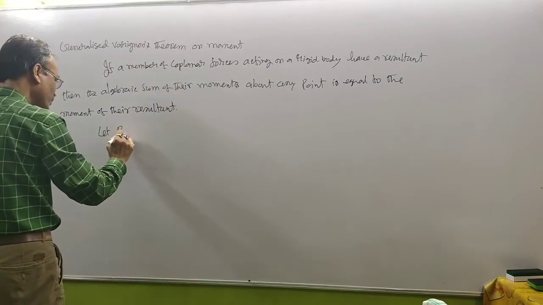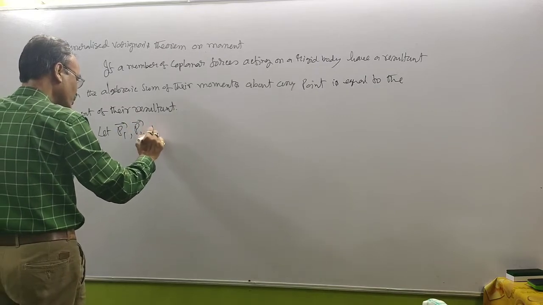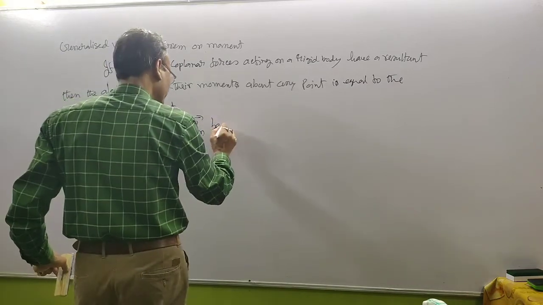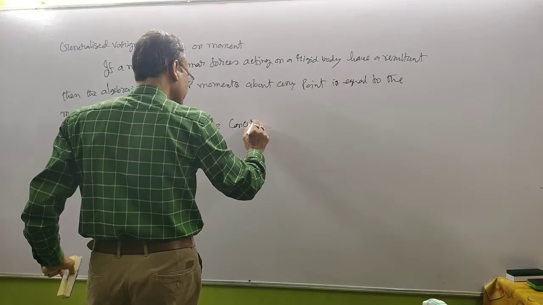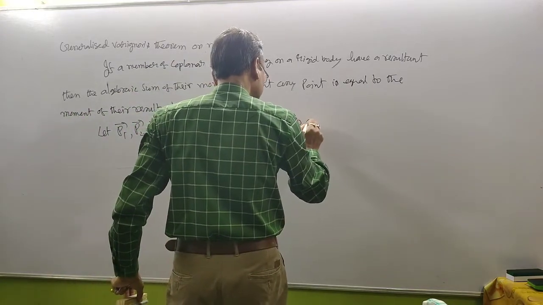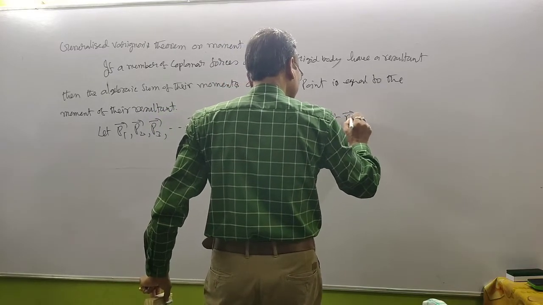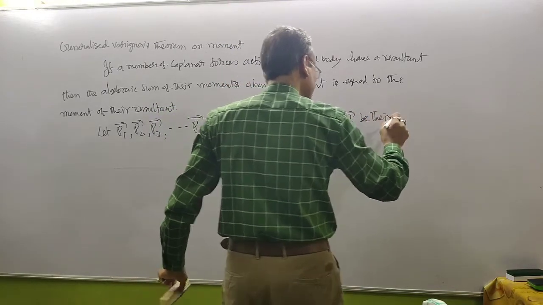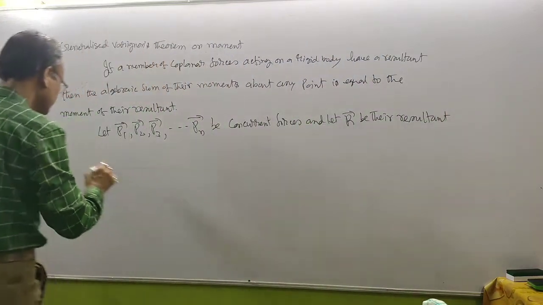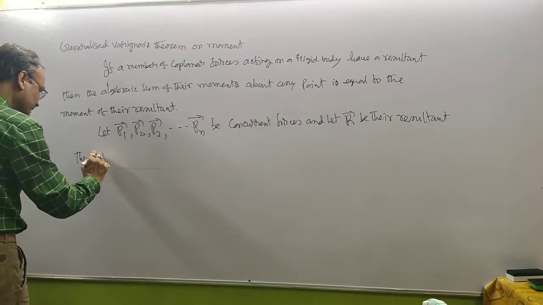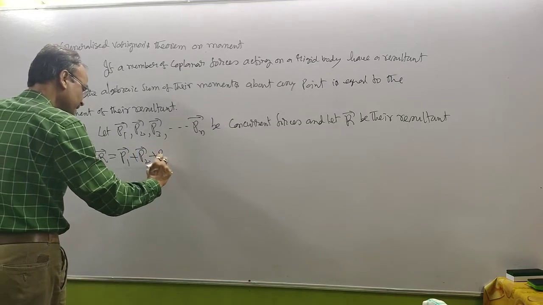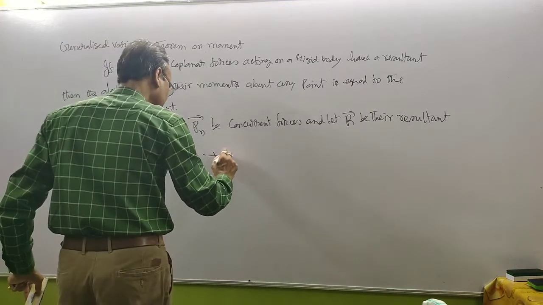Let P1, P2, P3 up to Pn be concurrent forces, and let R be their resultant. Then R vector is equal to P1 plus P2 plus P3 plus up to Pn.